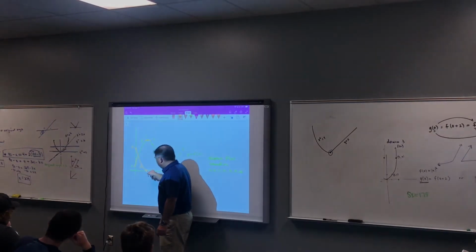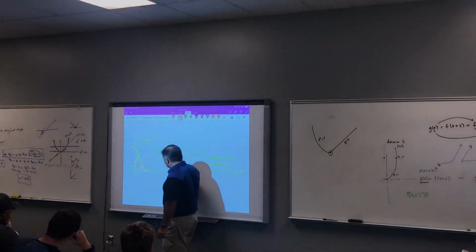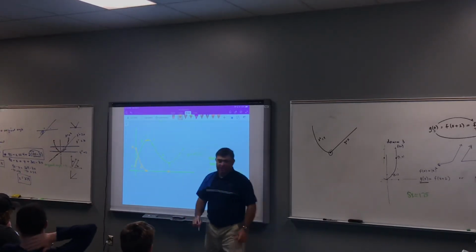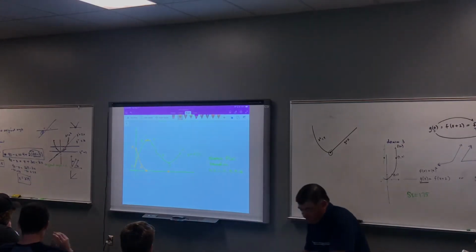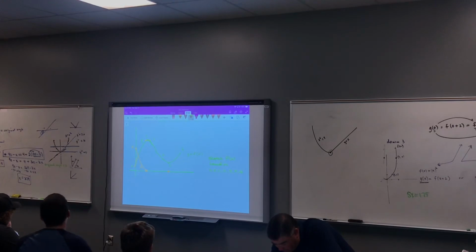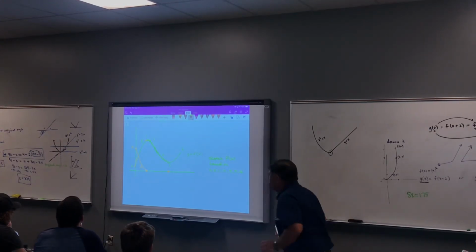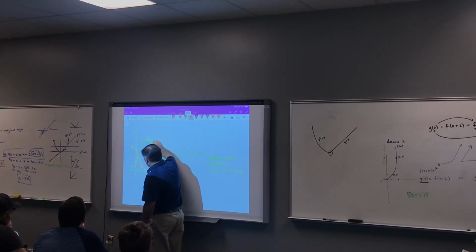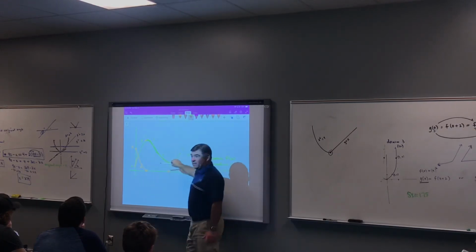If I let this pattern continue, I think I see this happening. And honestly, if I did a better job of sketching this out, it's the green one, there is a point somewhere in here where we're starting to really accelerate our negative, and then we start flattening out again.